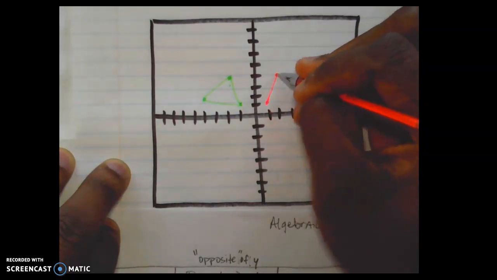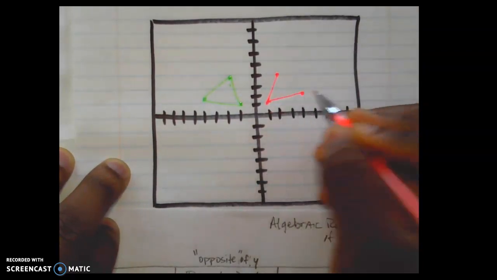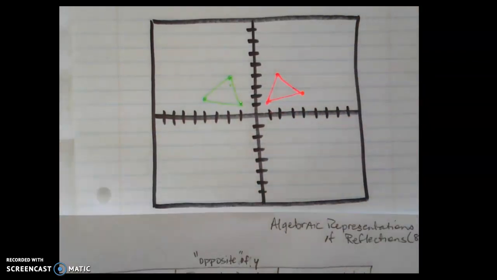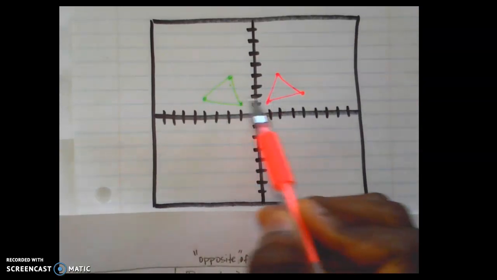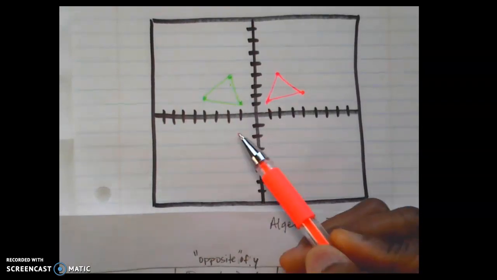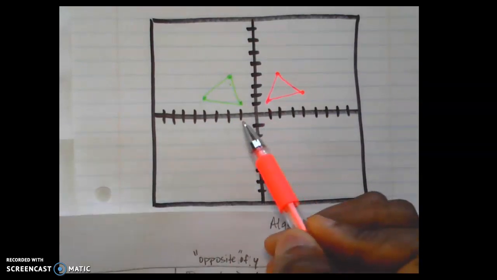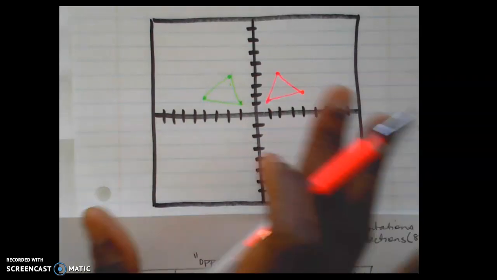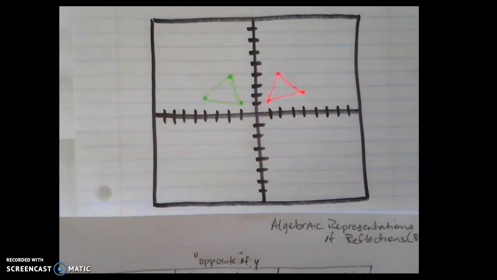Now, when I connect these, and because I don't have graph paper, it may not look perfectly and precisely the same, which is the goal. So if you notice here, these are reflected across my y-axis using those points, okay? Now again, had I had a sheet of graph paper, it would have been perfectly the same, but I'm thinking that you get the idea for demonstration purposes and using the algebraic method of finding those new points.